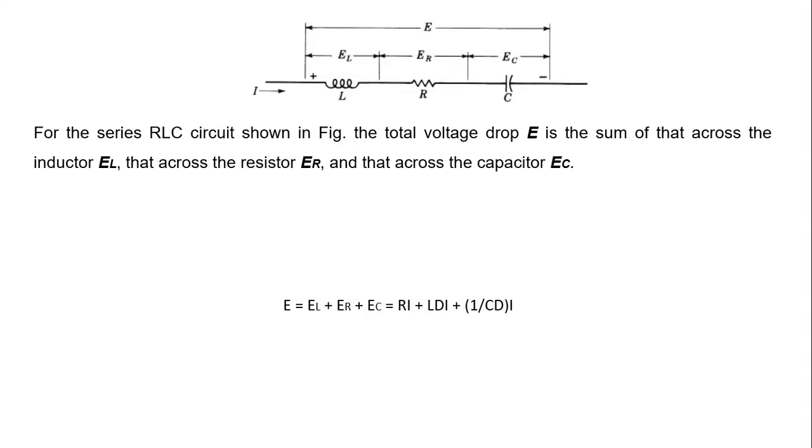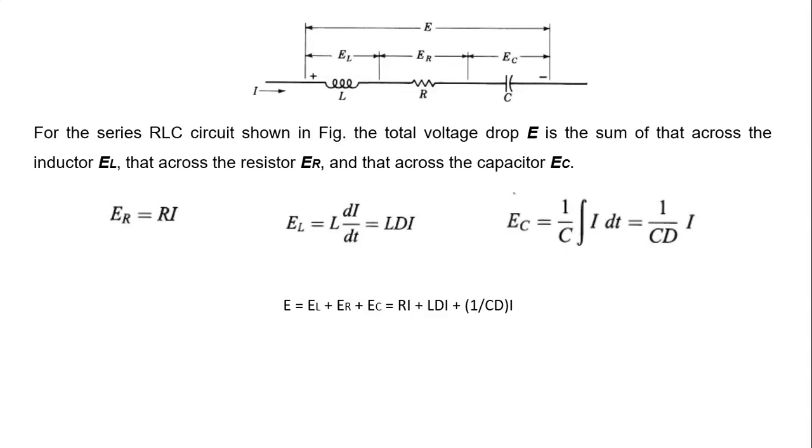We know that ER is equal to R I, EL is equal to L D I, and EC is equal to 1 upon C D I. Therefore, we can write E is equal to EL plus ER plus EC.